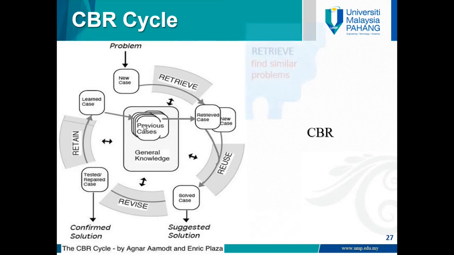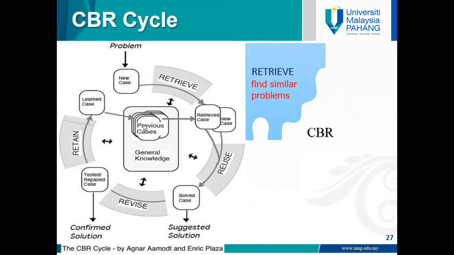To conclude, the first stage of CBR is retrieve, and the aim of the retrieve stage is to find the cases similar to the new problem from the case base. The second stage is reuse, where we reuse the solutions of the retrieved cases in order to propose a solution for the new problem.